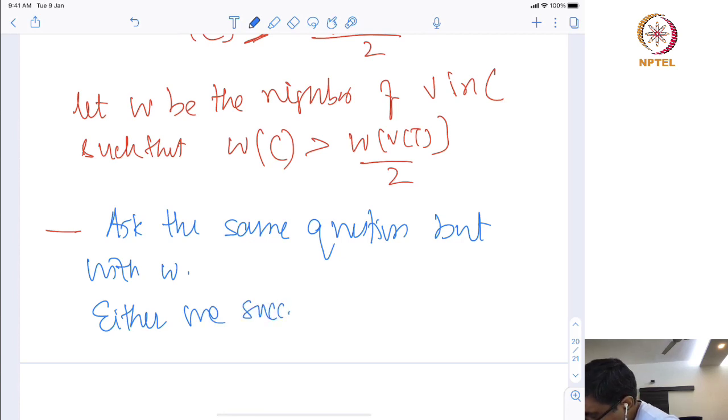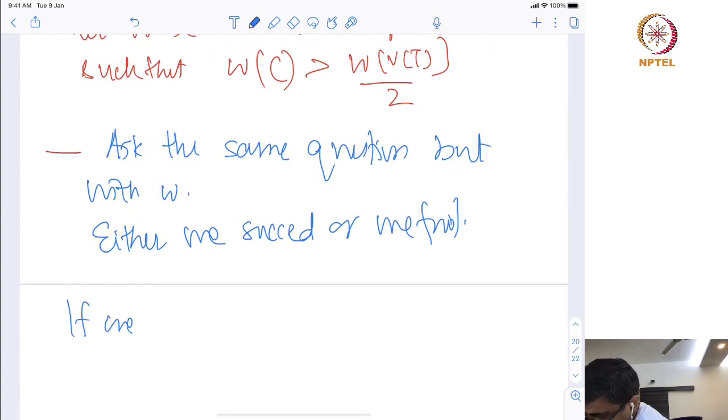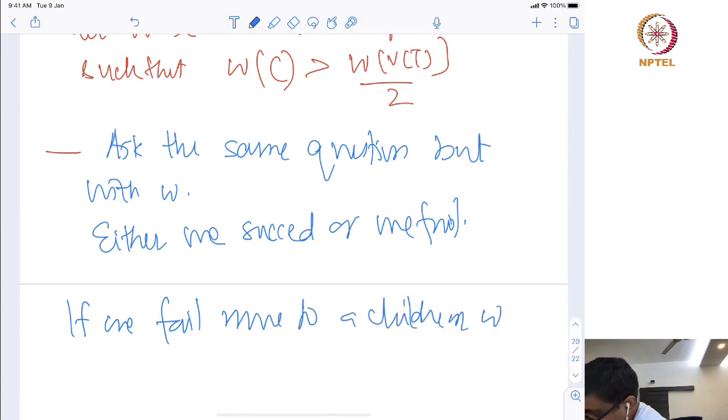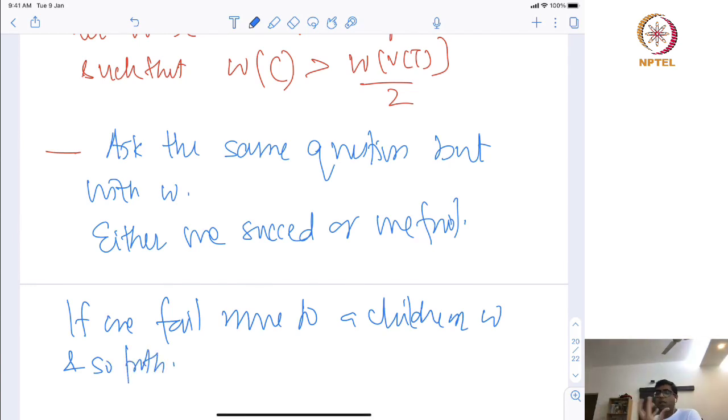Either we succeed or we fail. If we fail, move to a child of w and so forth. So you will keep updating. This is an algorithm actually, an algorithmic proof.